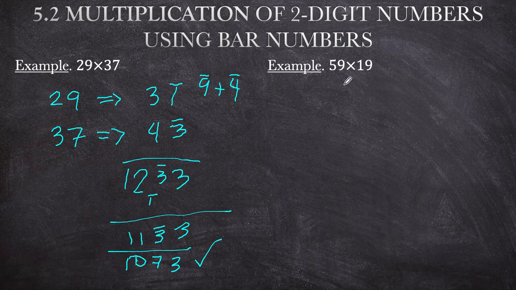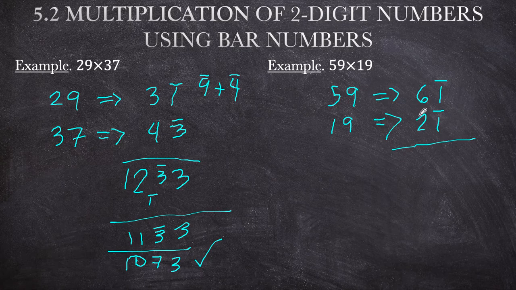The next example is 59 times 19. Convert both of them into bar numbers. So 59 becomes 6 bar 1, and 19 becomes 2 bar 1. Do the multiplication. 6 times 2 is going to give us 12. 6 times bar 1 is bar 6, plus 2 times bar 1 is bar 2.